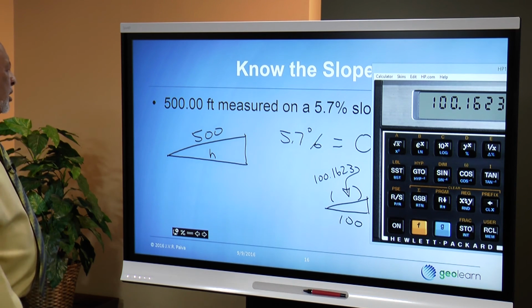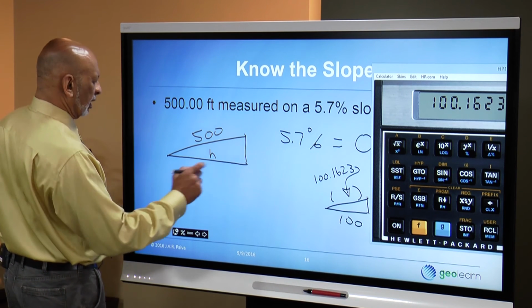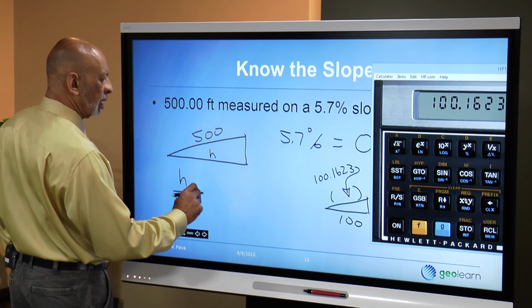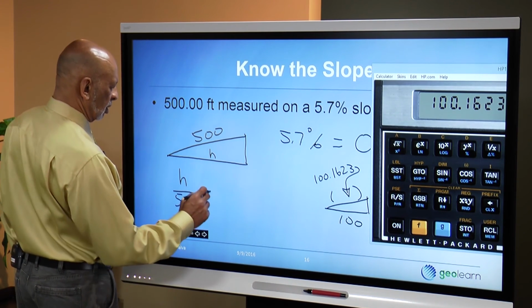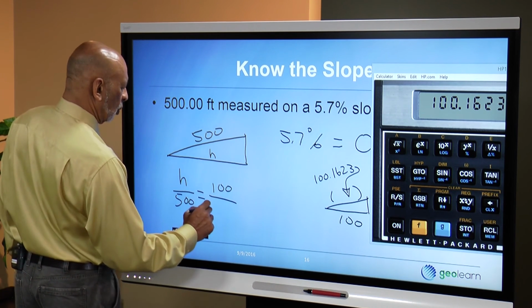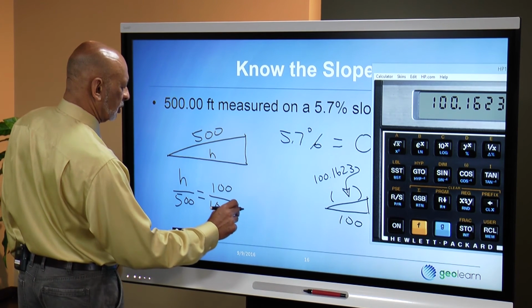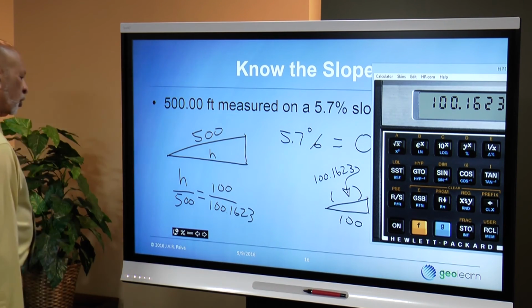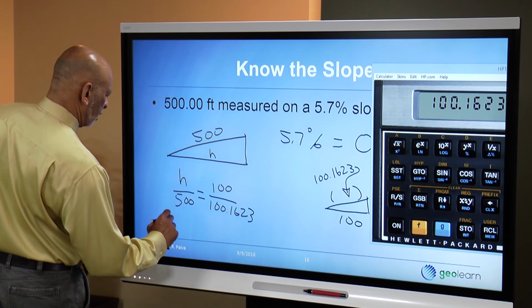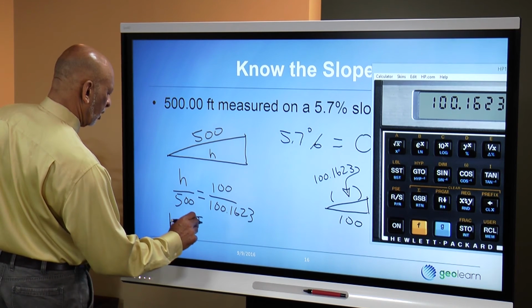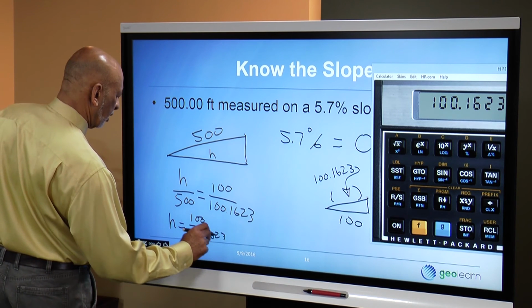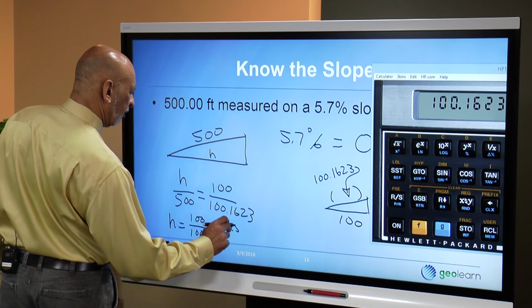And then what we say is, in this situation, we can say H is to 500 as 100 is to 100.1623. And so if we cross multiply, we come up with this equation that H is equal to 100 over 100.1623 times 500.